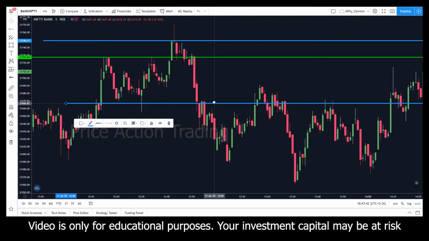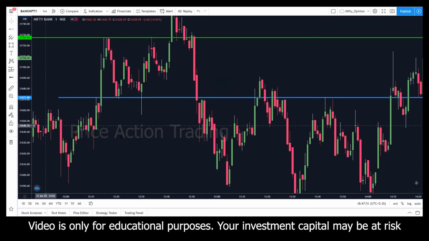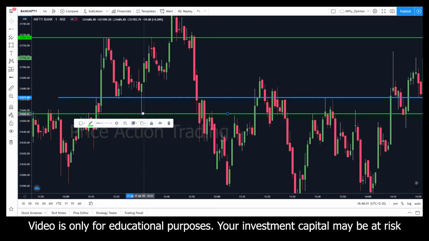Now why so? If I mark this, you notice this big green candle has broken this previous resistance line and now it's a support line. That means this complete area is actually a support area, not simply a support line.